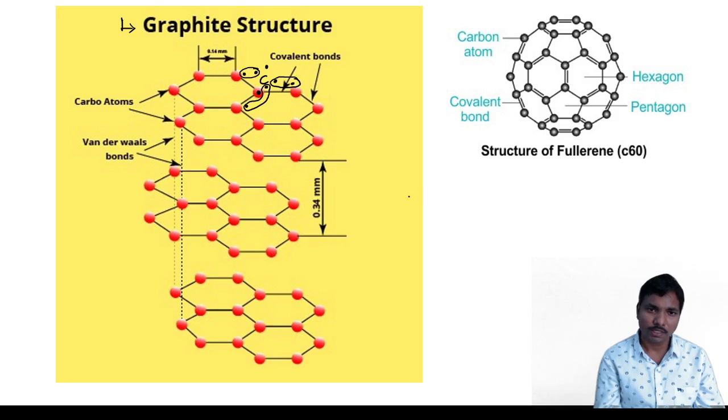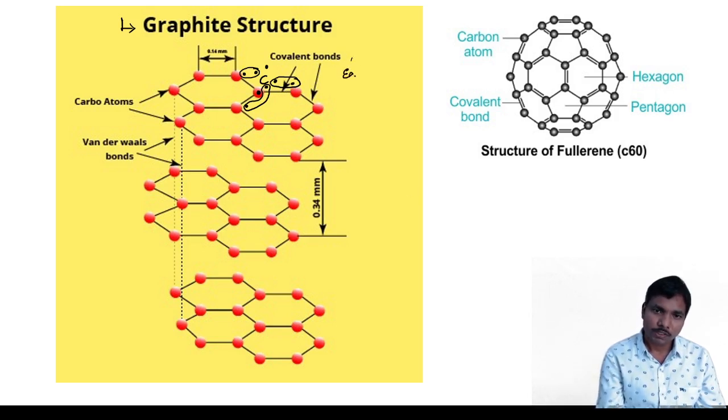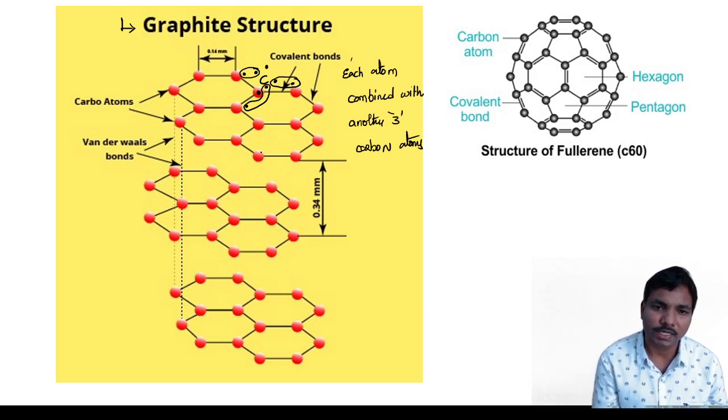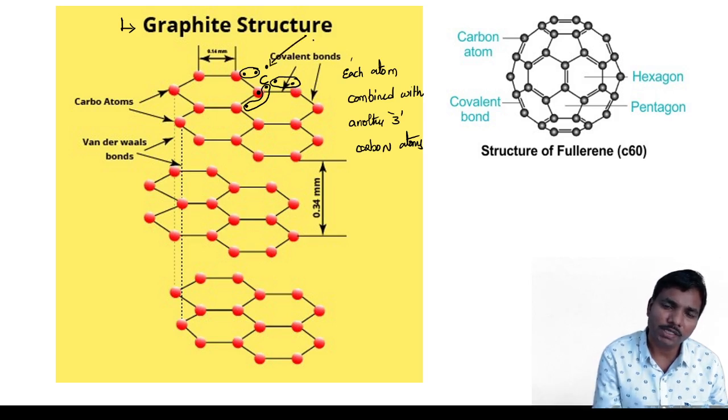So in graphite, each atom is combined with another 3 carbon atoms. You know very well carbon has 4 valence electrons, but if it is combined with another 3 carbon atoms, it means 1 electron is left.